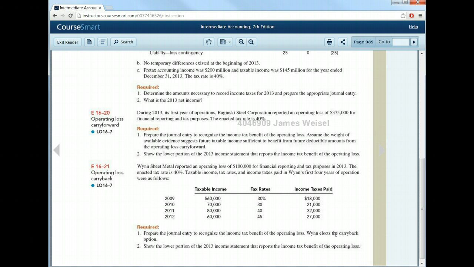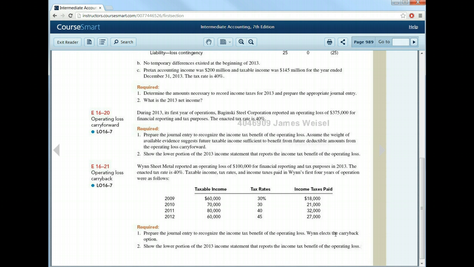Even if the operating loss is generated on the GAAP income statement, we simply can't have negative income on the tax return. We can have zero, but not negative. What that means then is that if we have an operating loss from a GAAP standpoint, then we will probably have to carry that loss into two different periods.